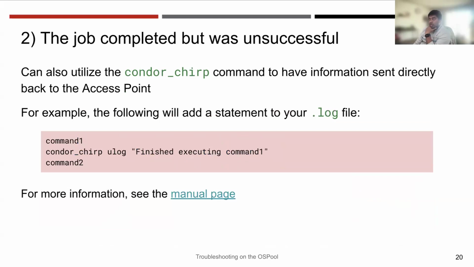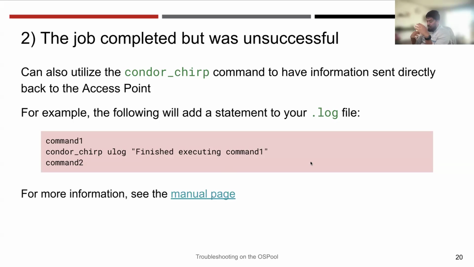And another thing that you can use while your job is running on the execution point is the condor_chirp command. It would send information back to the log directory after every command is done.